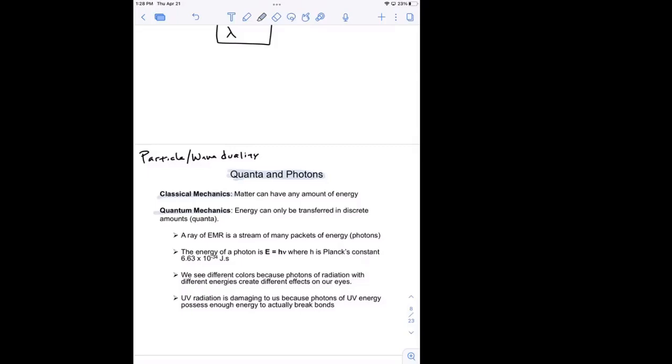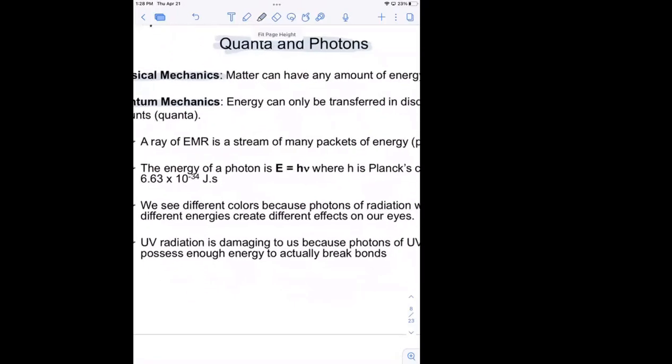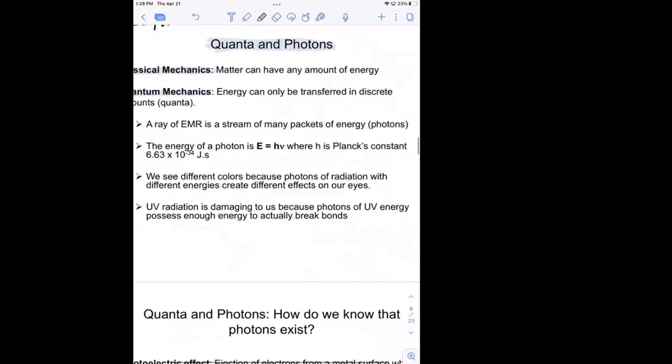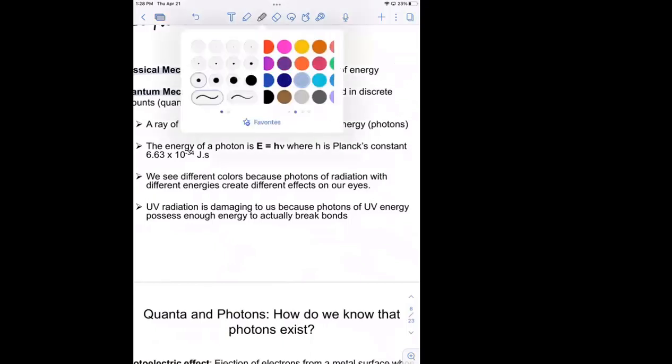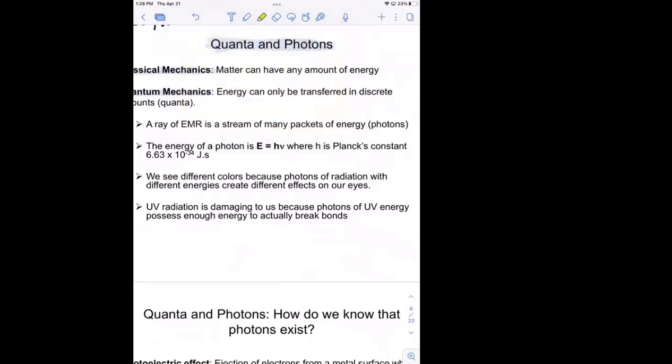So we think about a ray of electromagnetic radiation. That ray can be a stream of what we call photons, right? And that's this term right here. So that ray can be made up of a stream of packets of energy that we call photons.